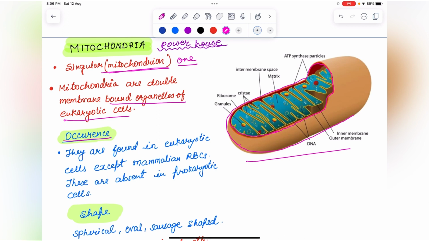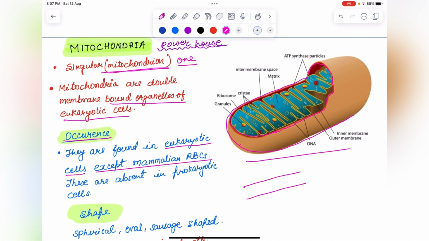Occurrence: they are found in eukaryotic cells except mammalian RBCs. In mammalian RBCs, mitochondria are absent. Why are mitochondria absent in RBCs? Because the function of RBC is to transport oxygen to all parts of the body, or it gives oxygen to all the cells.